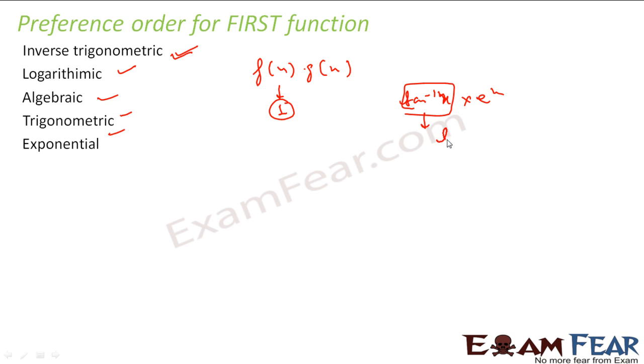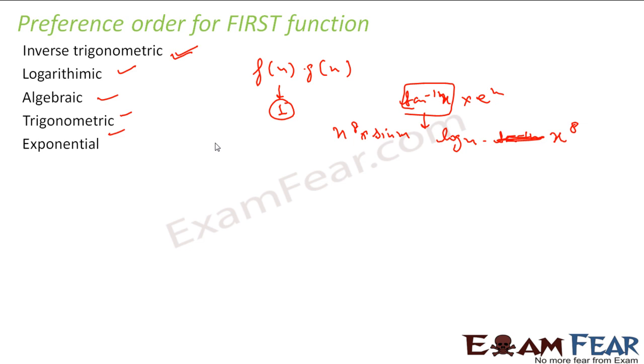If I have log x and then tan inverse x, here also I'll take tan inverse x first. If I have log x into x to the power 8, in this case you will take log x first because log x is earlier in the order. If I have x to the power 8 into sin x, in this case I'll take x to the power 8 as the first function.